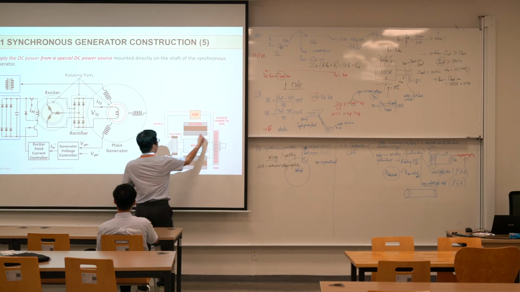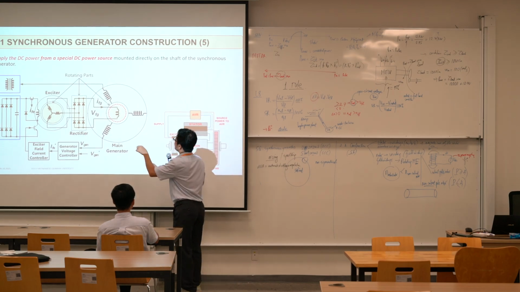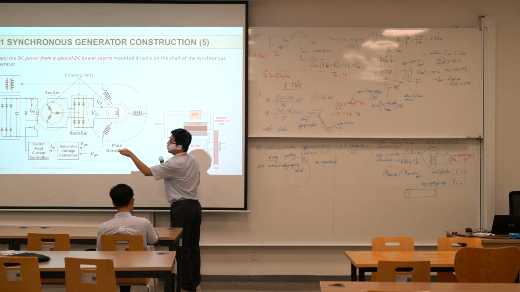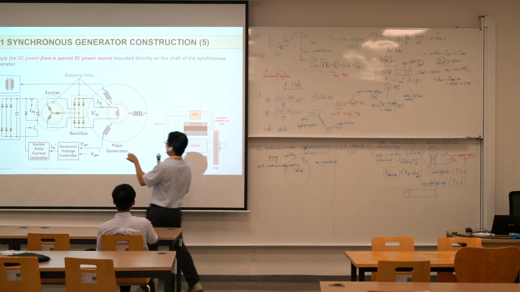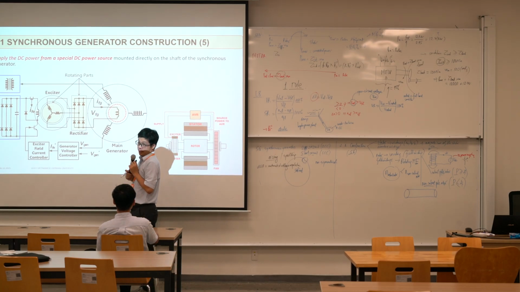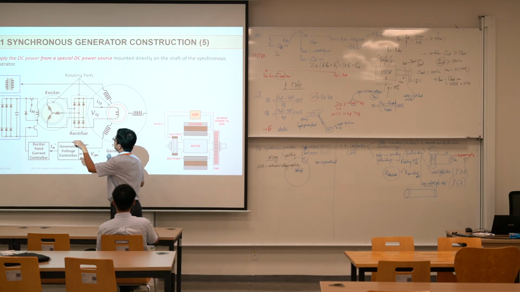When this one generates AC voltage, the AC voltage comes back. We can use single phase or 3 phase; in this case, we use single phase. The single phase comes back here, and then we rectify AC to DC.